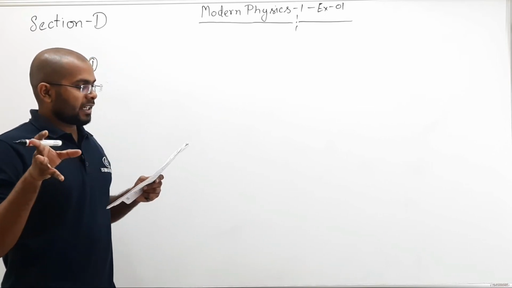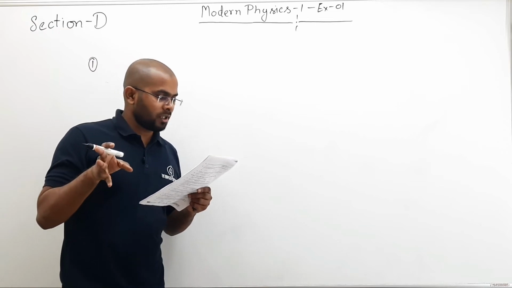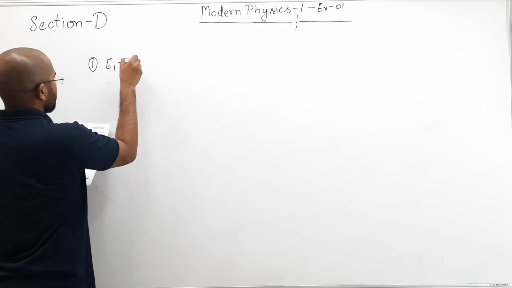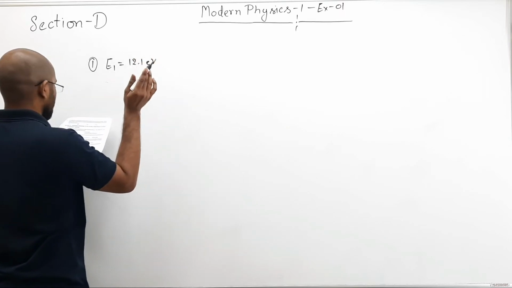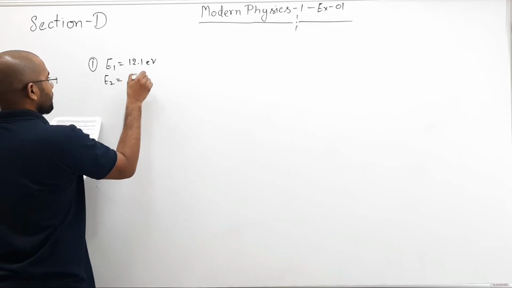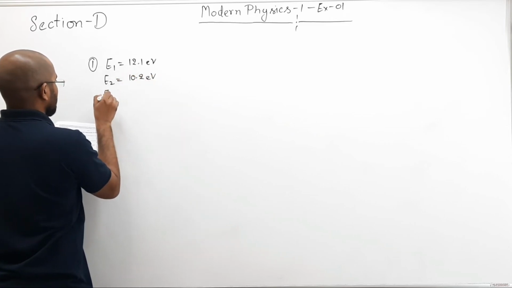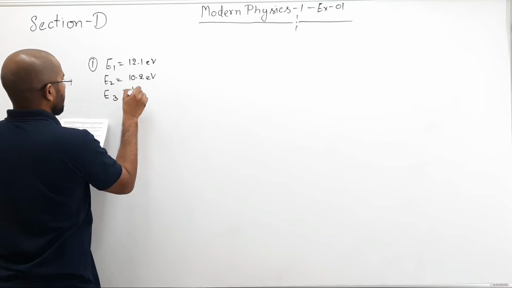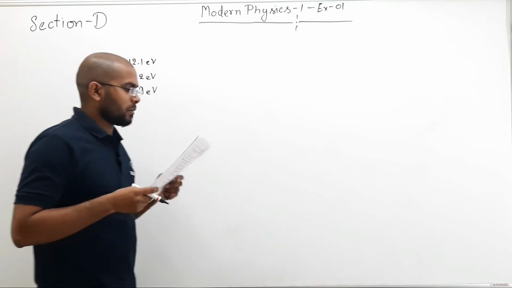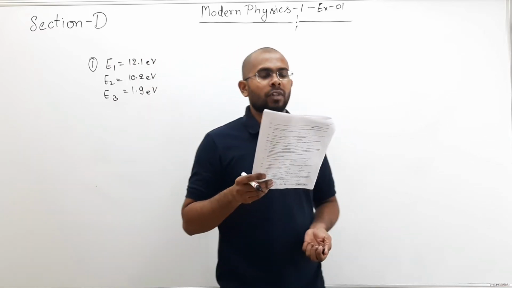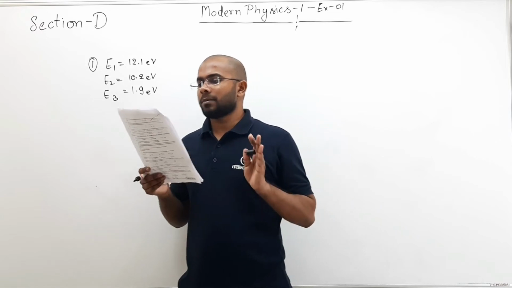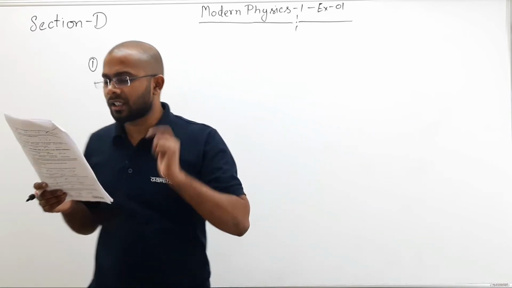Their energies are 12.1 electron volt for the first photon, 10.2 electron volt for the second photon, and 1.9 electron volt for the third photon. Then these photons must come from: option 1 is a single atom, option 2 is 2 atoms, option 3 is 3 atoms, option 4 is either 2 or 3 atoms.